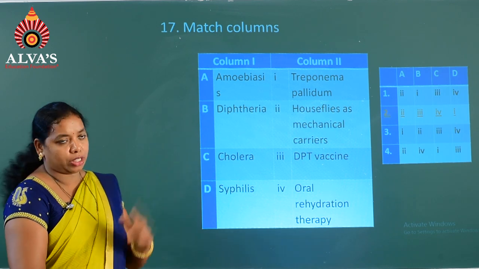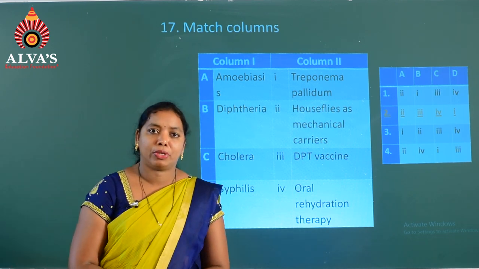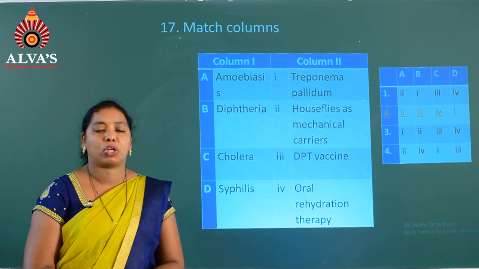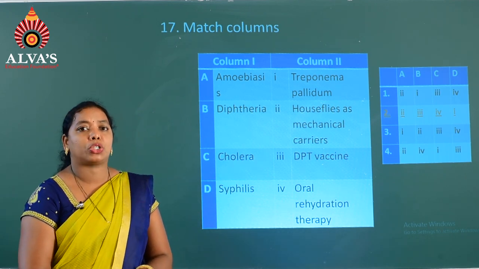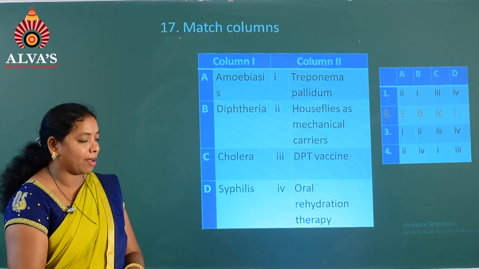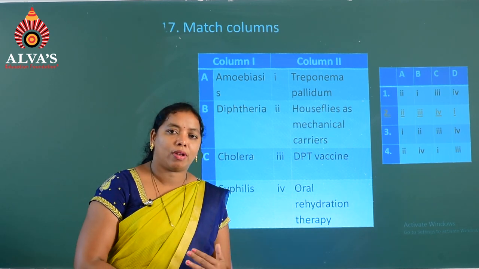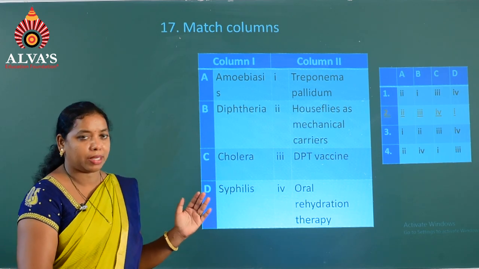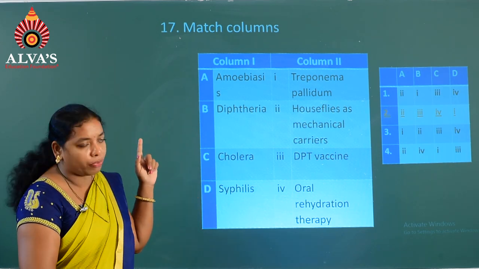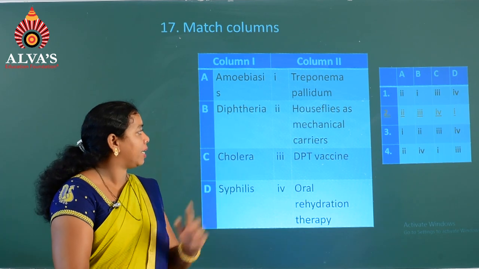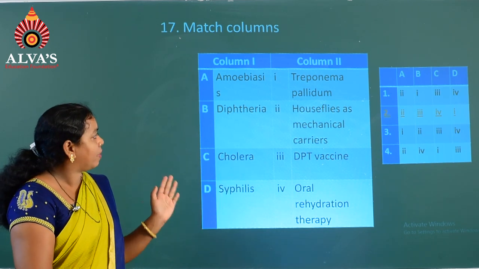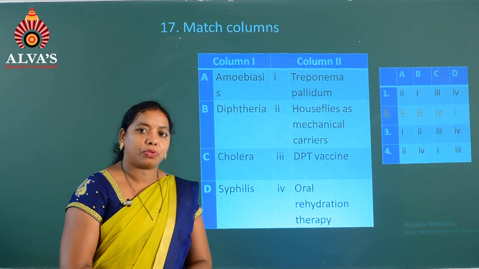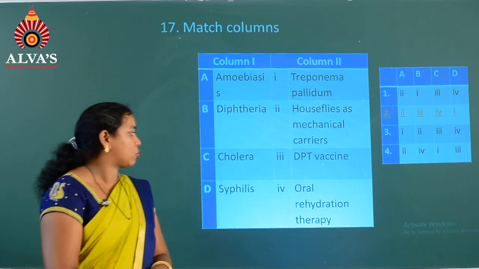Of the first one, amoebiasis, we know that it is a disease caused by Entamoeba histolytica, which travels through a vector called the housefly, Musca domestica. Hence for amoebiasis the option is housefly. The second one, diphtheria: to treat that, the DPT vaccine is used.